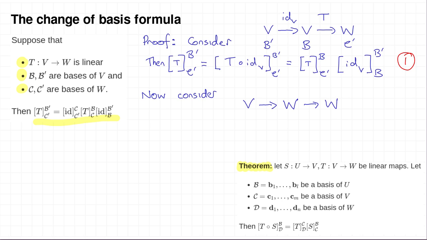The first linear map will be T, and the second linear map will be the identity map on W. And again we're going to choose some bases. So this time we will take the basis B for V, C for W, and C prime for the second W.